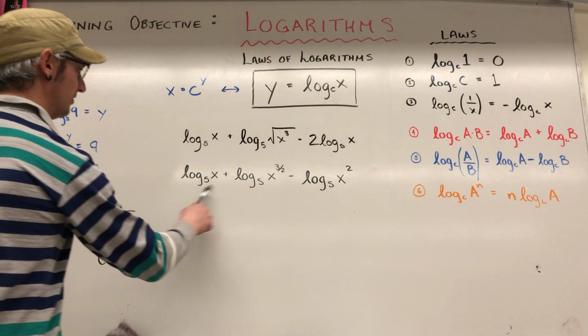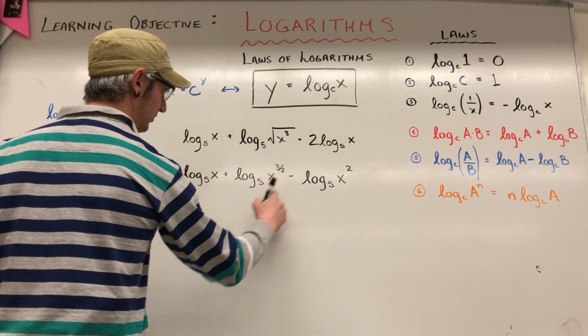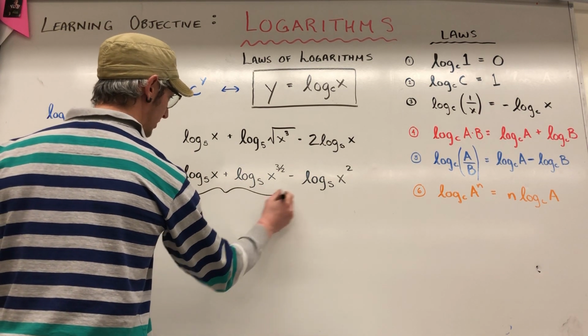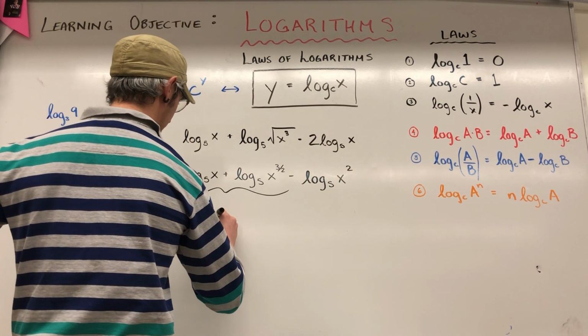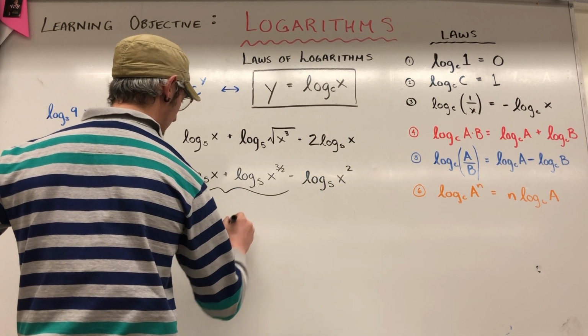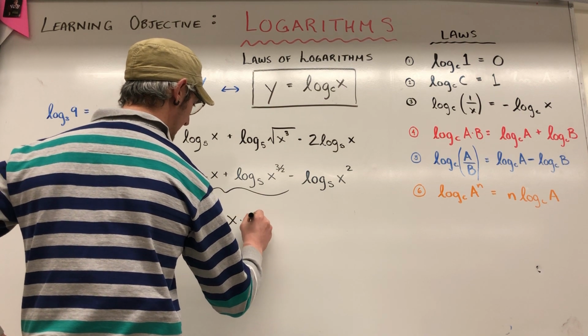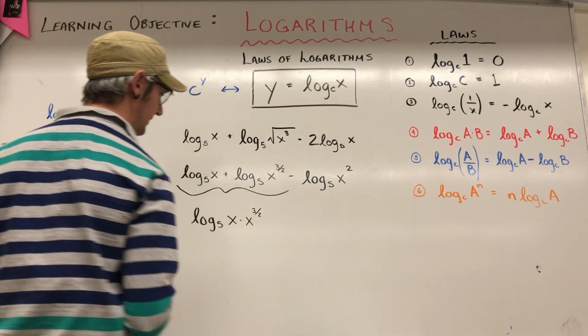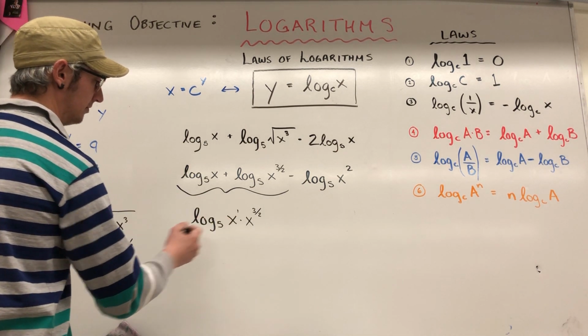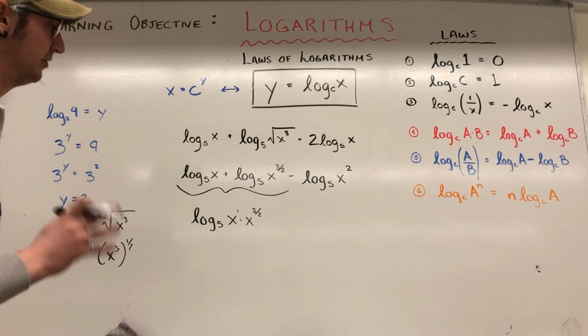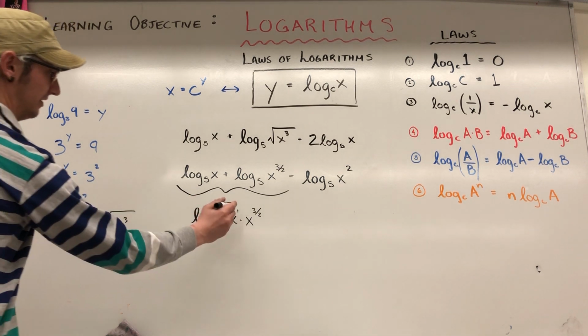So the first thing I'm going to do is the multiplication here. I could have started with the division, but I'm going to do multiplication. So I'm going to do this part and that. I use this rule: log base 5 of x times x to the 3/2. And when I'm multiplying the same variables with different exponents, I can just add the exponents.